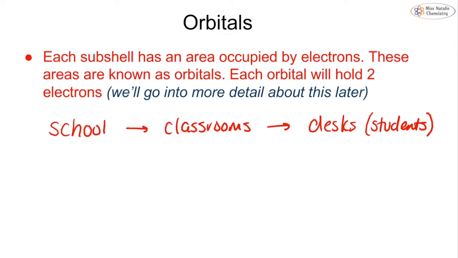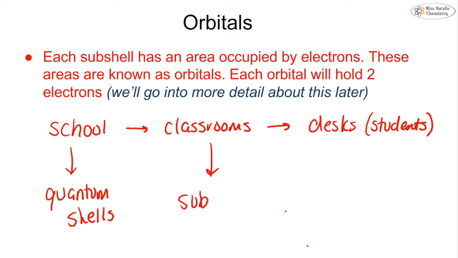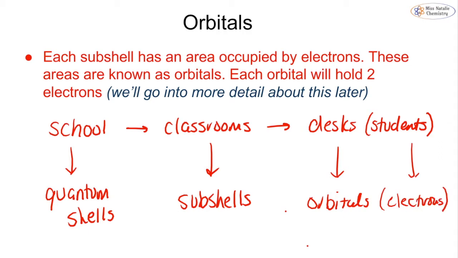And this is then the same as having our quantum shells as our school, our classrooms are our subshells, our desks are our orbitals, and the students are our electrons.